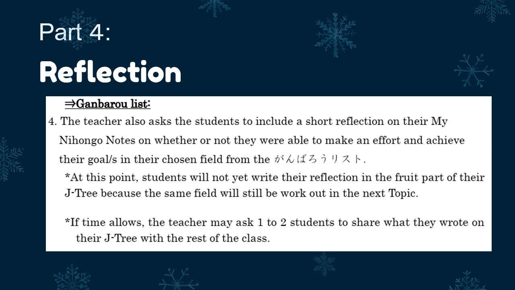At this point, students will not yet write their reflection in the fruit of their J3 because the same field will still be worked out in the next topic. If time allows, the teacher may ask 1 to 2 students to share what they wrote in their J3 with the rest of the class.